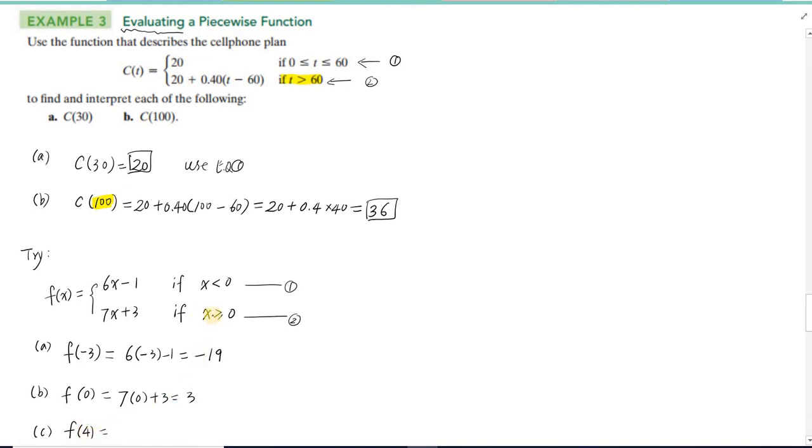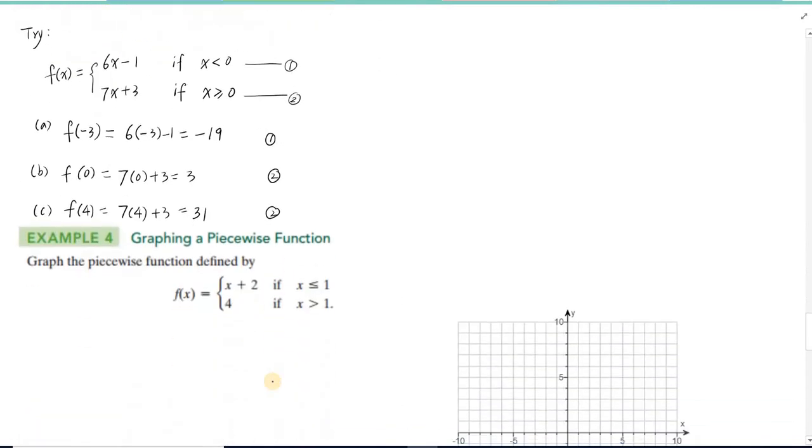Look again, 4 is greater than 0, so we have to use the second equation. That will be 7 times 4 plus 3, which is 28 plus 3, giving you 31. Hopefully that helps you. I'm going to label this: we used equation 2 here, and for this one we used equation 1. All right, let's move on.